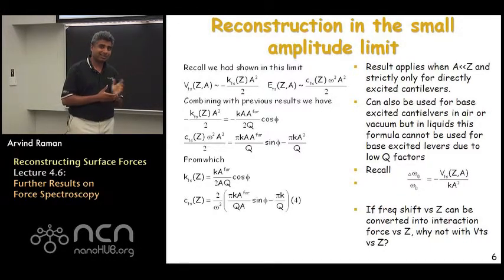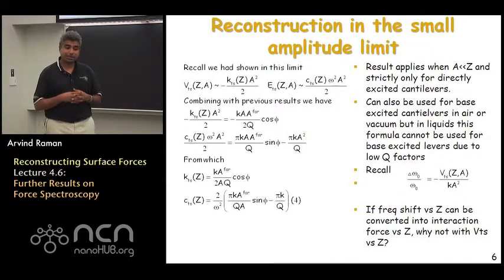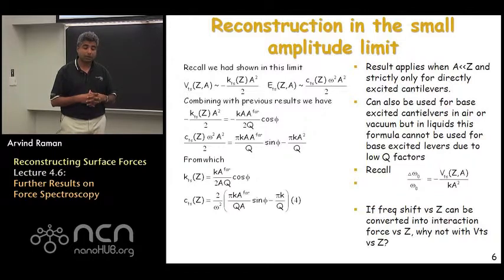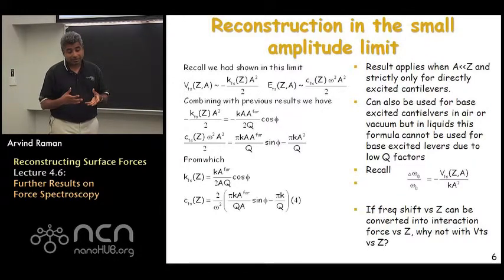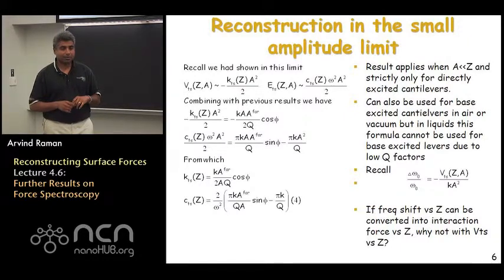However, as simple as this relationship is, the result applies only in the limiting case when the oscillation amplitudes are much smaller than the gaps. This is very rarely encountered in practice. Perhaps it could be used when one is looking at long-range electrostatic forces and oscillating the cantilever with small amplitudes, or dealing with very soft materials and oscillating with very small amplitude.